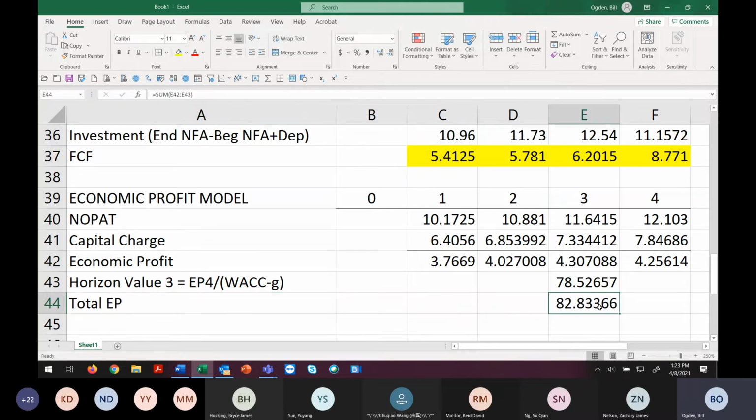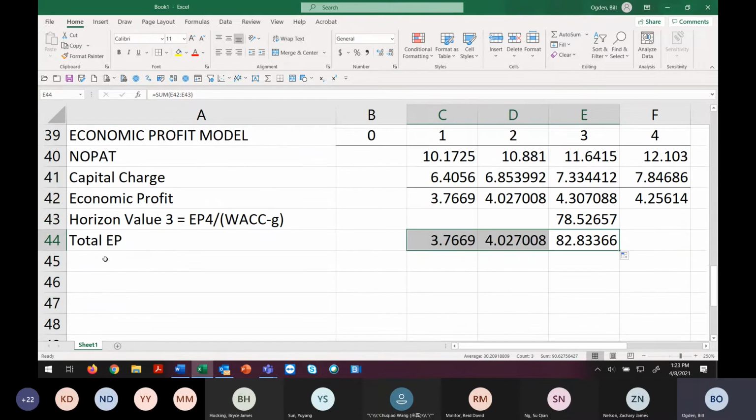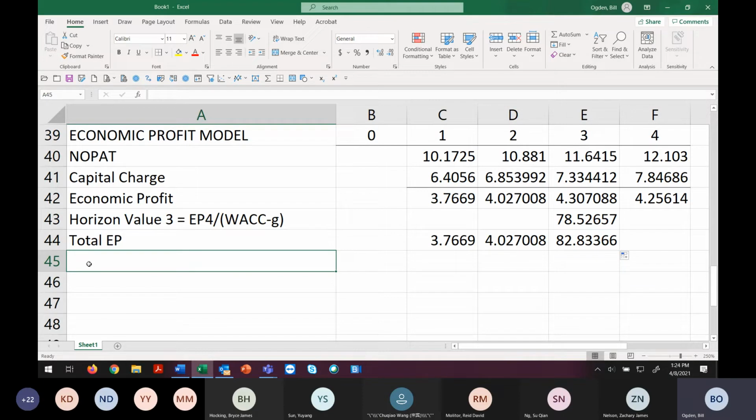Total EP. And that's what we get. So now, I'm not going to call this value of ops. No, no. This is just the present value of the EPs, economic profits.